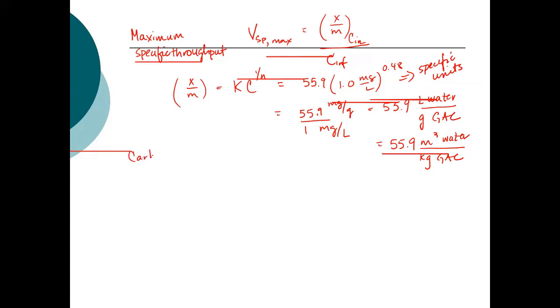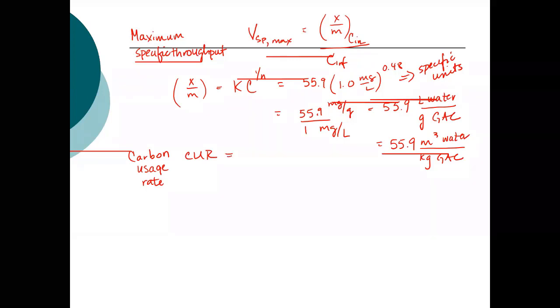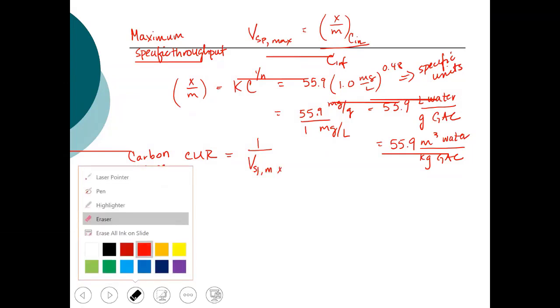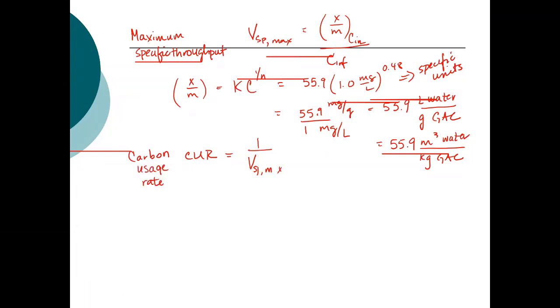The carbon usage rate, CUR is the acronym used for that, is 1 over VSP max. So it's 1 over the maximum specific throughput.